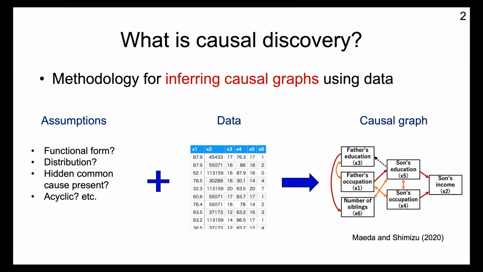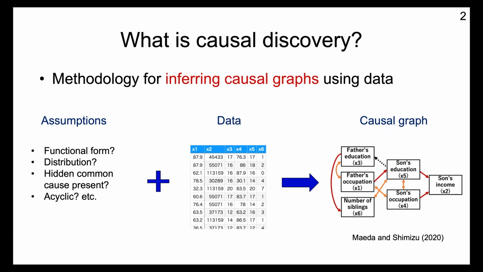Causal graph represents the causal relationships between variables. This is our example causal graph. And for example, assumptions. Assumptions are made in terms of the following.